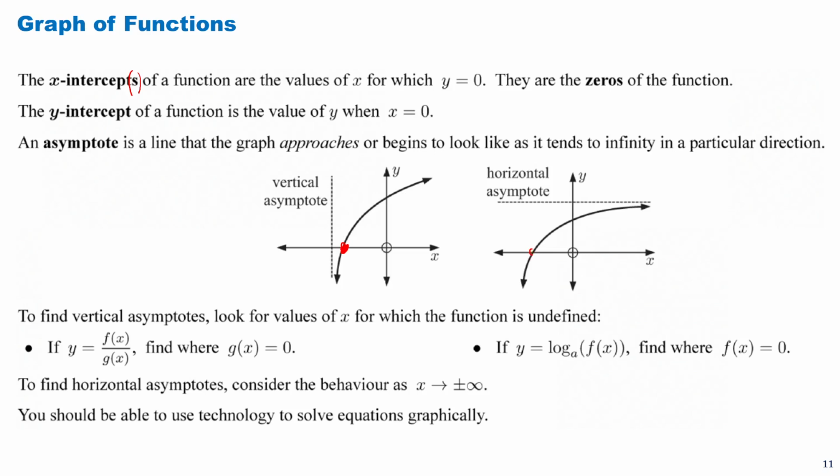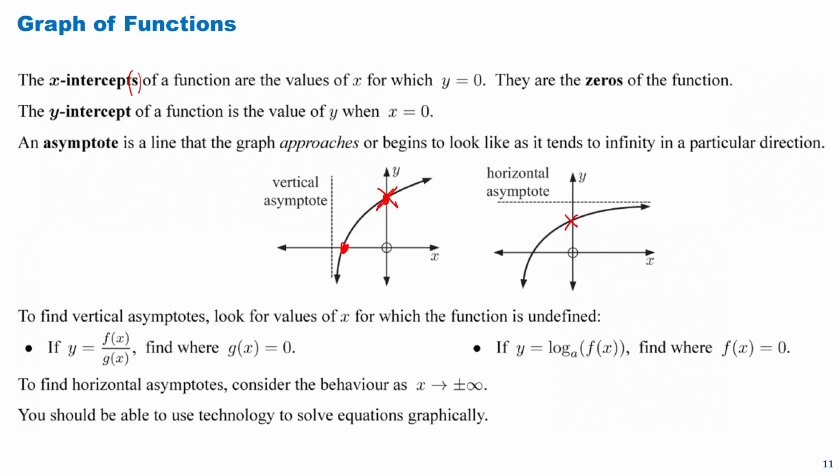And y-intercept. The y-intercept of a function is the value of y when x equals 0. Or sometimes people also define y-intercepts as points of intersection between this curve and the y-axis. For example, this is a y-intercept, right? And this is also a y-intercept, right? So be careful, you should know the concept here.